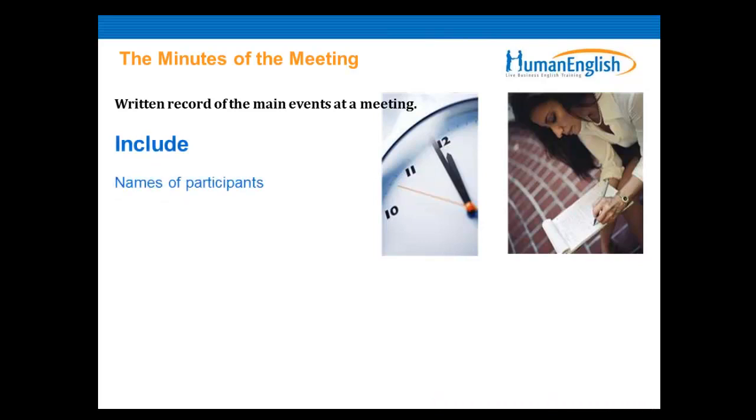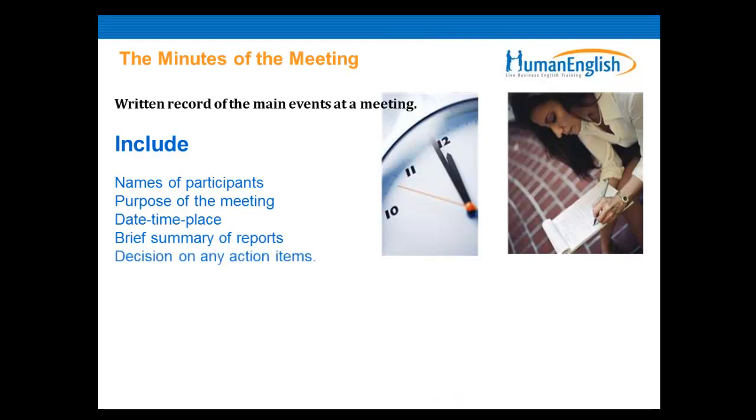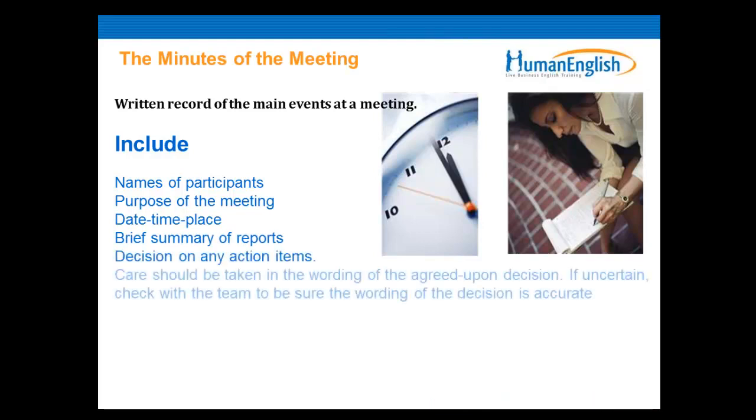The names of participants, the purpose of the meeting, the date, time, and place, a brief summary of reports, decisions on any action items, and care should be taken in the wording of the agreed upon decision. So you should check with the team to make sure that you use correct wording.